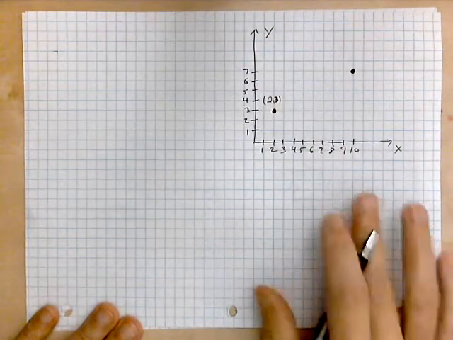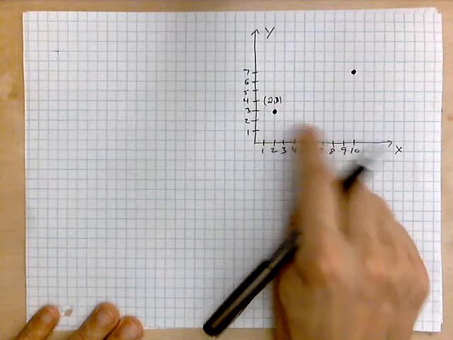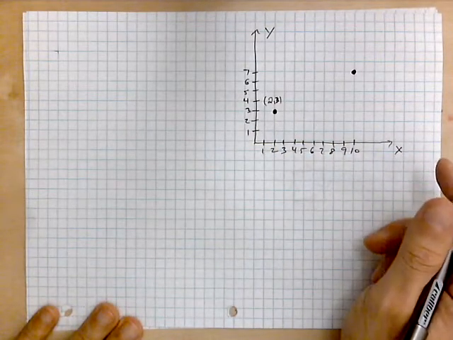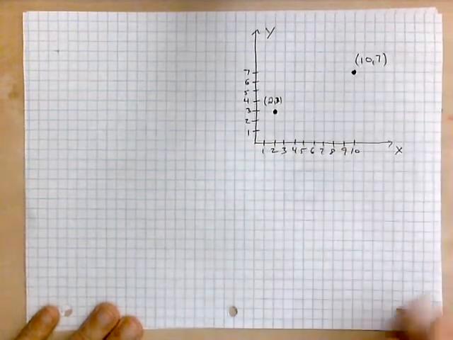Okay? This is our coordinate system, x-axis, y-axis. The first point is coordinates 2, 3. And the second point is coordinates 10, 7. As follows.